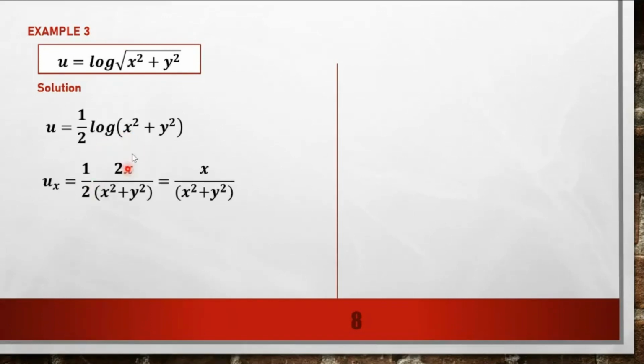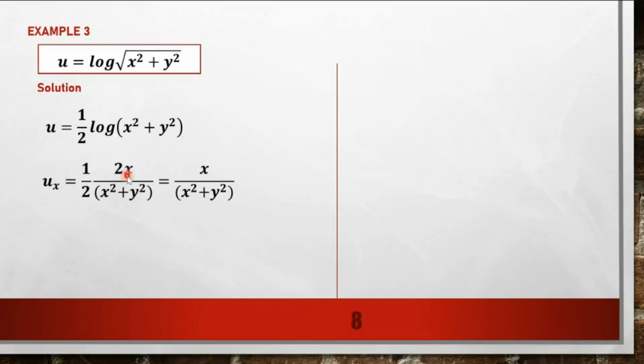Log का डेरिवेटिव is 1 upon, into the derivative of x square plus y square with respect to x, that is 2x. So 1 by 2 into 2x upon x square plus y square. So 2 and 2 will get cancelled, x upon x square plus y square.